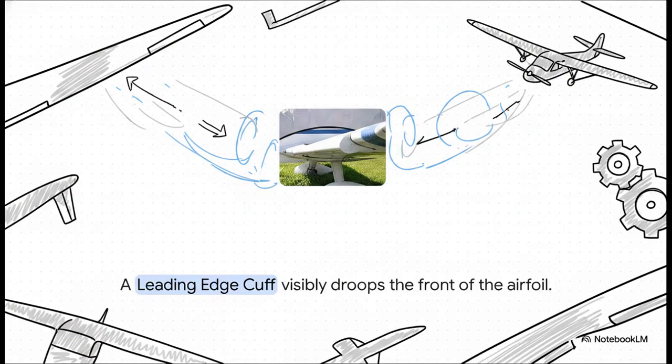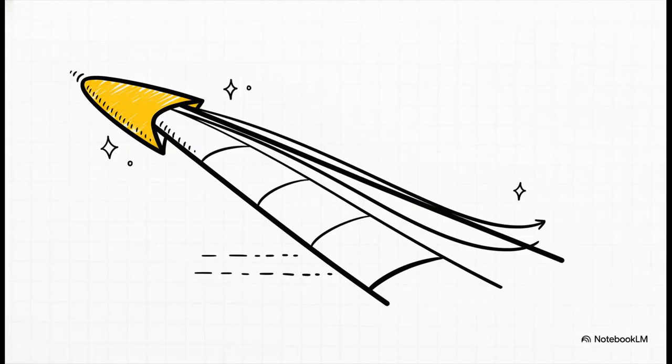To bring this abstract aerodynamic stuff back to reality, let's talk about the leading edge cuff. This is an auxiliary high-lift device that physically droops the front section of the wing downwards. You'll see these either factory installed or even added on later as aftermarket mods for smaller fixed-wing planes. Now, you might be wondering, why would we want the wing to droop?